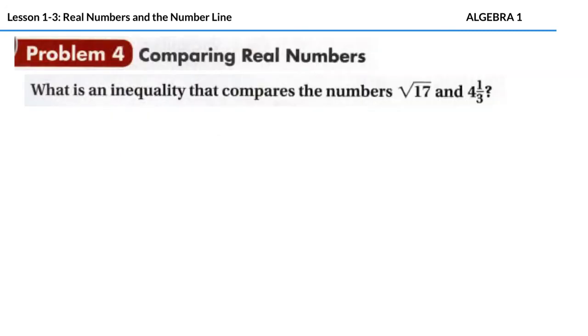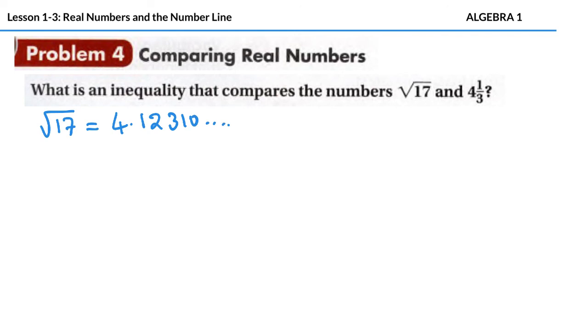So let's try this. What is an inequality that compares the numbers square root 17 and 4 1/3? Is square root 17 less than 4 1/3, greater than 4 1/3, or less than or equal, or greater than or equal? We need to compare that. So what is the decimal equivalent of square root 17? It's going to be 4.12310, and it goes on.